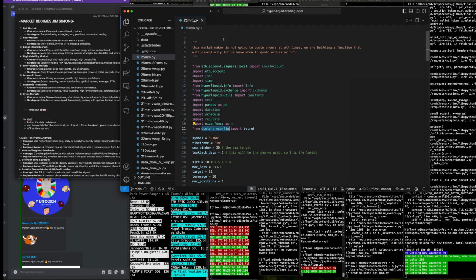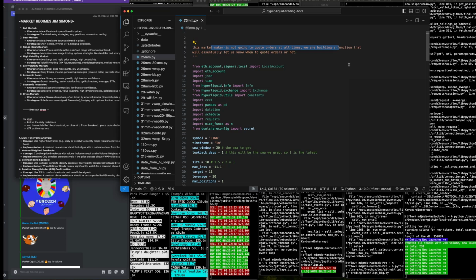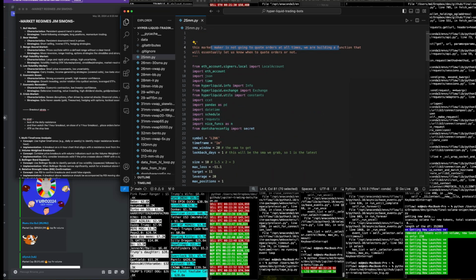Okay, perfect. So this is a market maker, but market maker has all of my functions, so that's all I need.